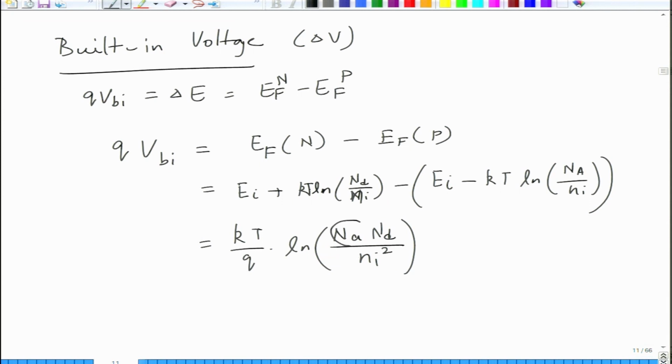So if your dopant concentration is larger in the semiconductors, then your built-in field will also be larger. And what this also suggests, as we will see later on, is that the depletion region is narrower. When the semiconductors are lightly doped, the electric field magnitude is smaller, as a result the depletion region is wider.